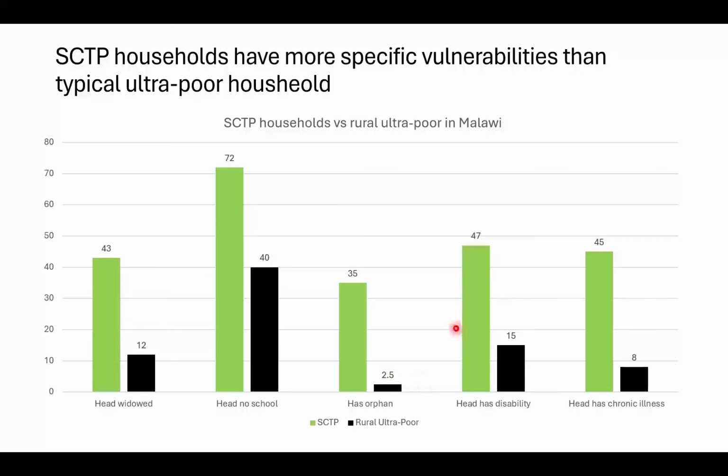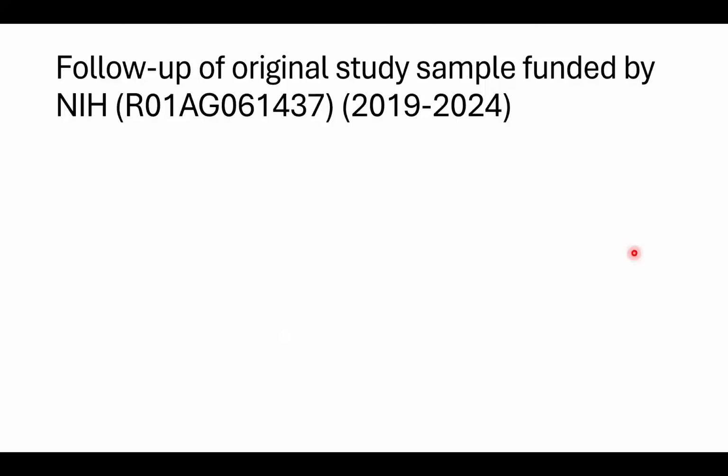More likely to be disabled, more likely to have a chronic illness, right? So in Malawi, they refer to these households as, I'm serious, this is not my language, non-viable households. So they are targeting a very particular type of households, and yet there's this tension about, can they graduate out of poverty? It's really something. Cognitive dissonance or something, right?